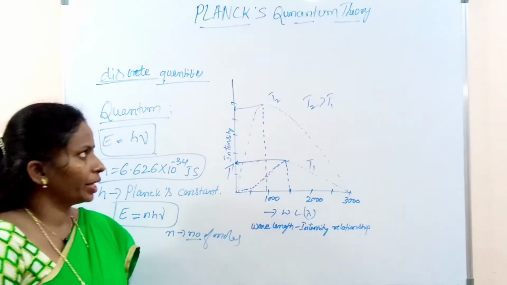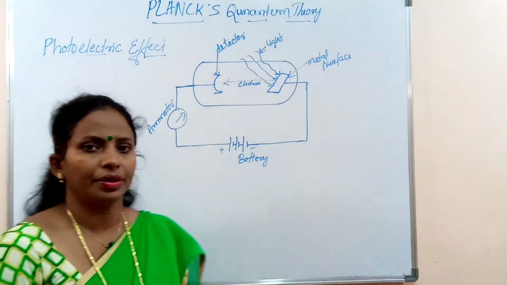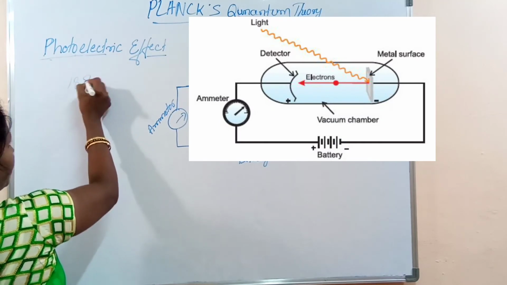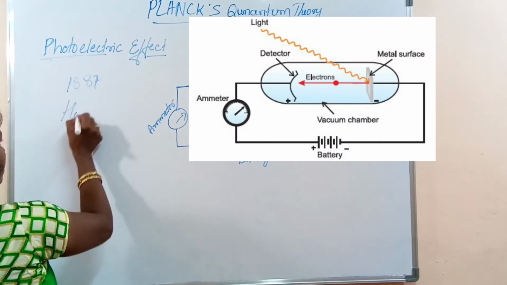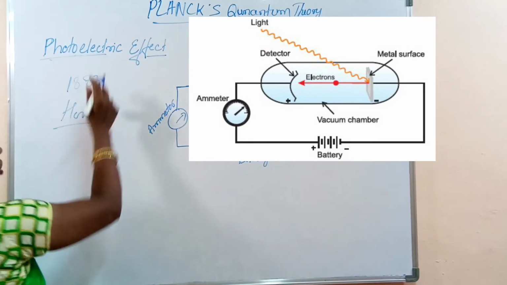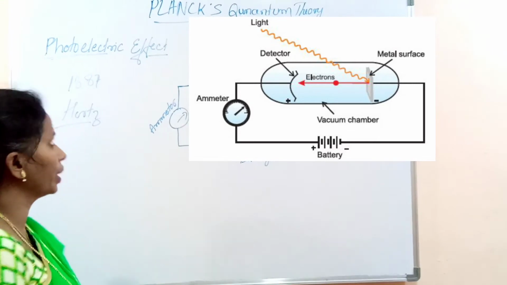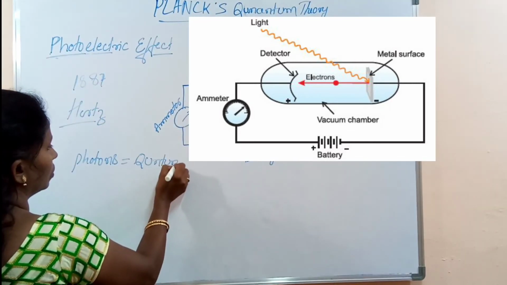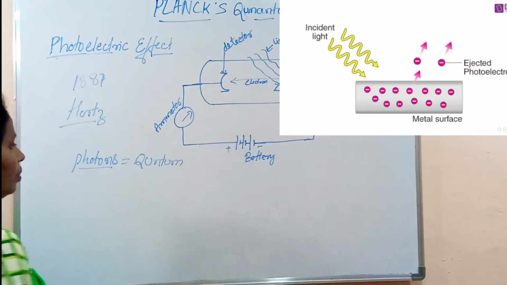Next, in 1887, Hertz performed an interesting experiment, the photoelectric effect. According to Planck, a quantum is called a photon.